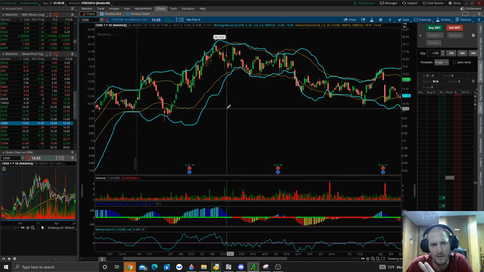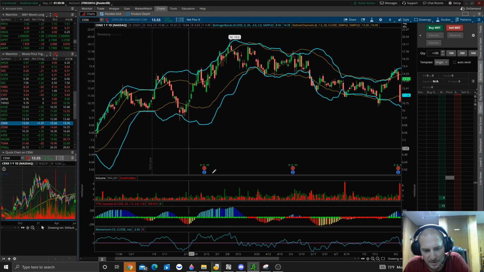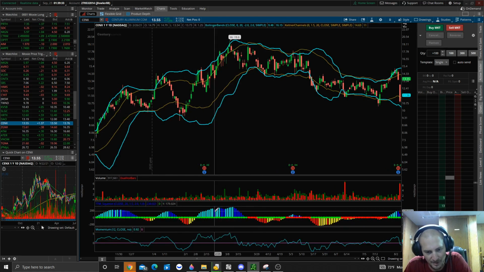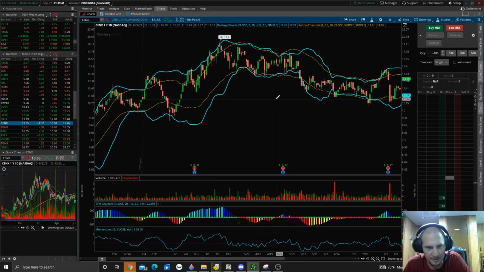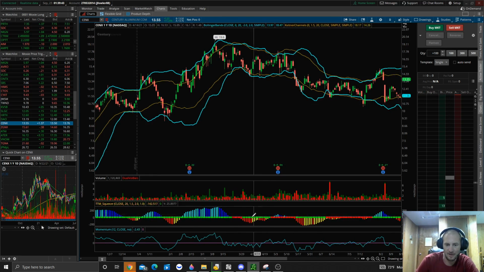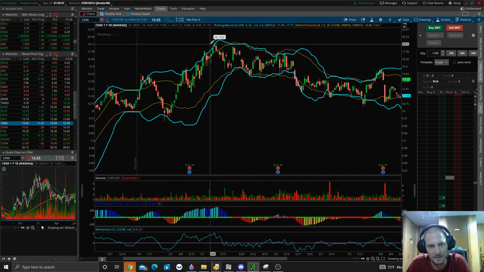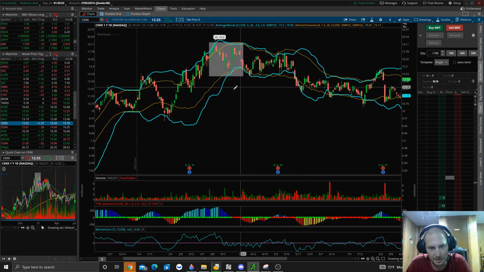There are exceptions to that, and you can see that by looking at these histograms and things of that nature. This does actually fire off eventually to the downside a little bit, but it takes a few extra bars, right? So this squeeze here, let me just draw a box around it. This is kind of your original squeeze area, so it doesn't do anything.